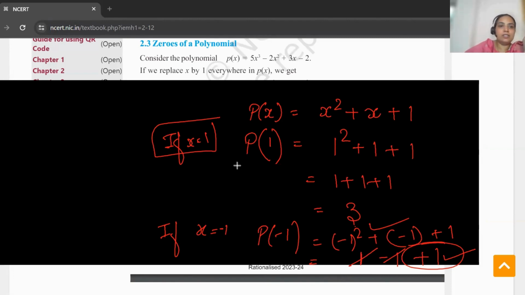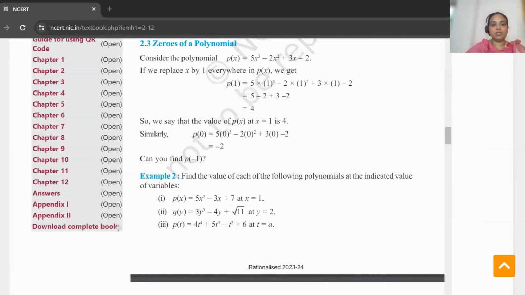Okay. Abhi, let us see this question that is given to us here. P of x is given to you. This is P of x. They are asking you to find the value of the polynomial. This is the value of the polynomial beta, right? So the value of the polynomial at x equals to 1. So what will we do in here? We will substitute the value of x wherever x is written. Clear, no?